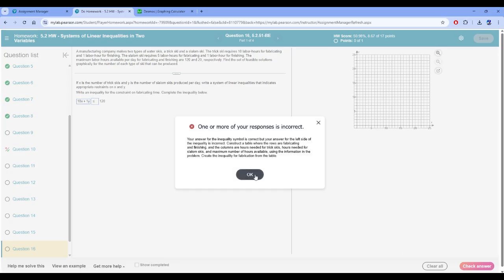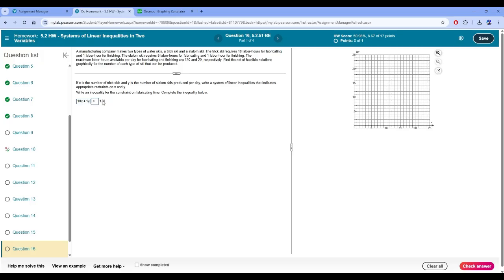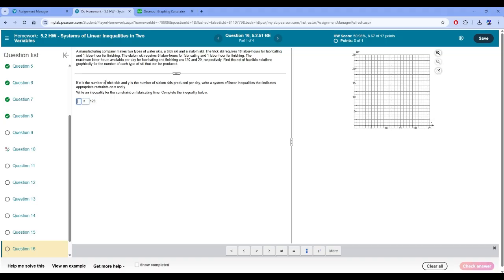I think so. 10x plus 1y is less than, where X is the number of the trick skis, 10 hours of labor, and 1 hour for finishing, and Y is the number of... If X is the number of trick skis, X.